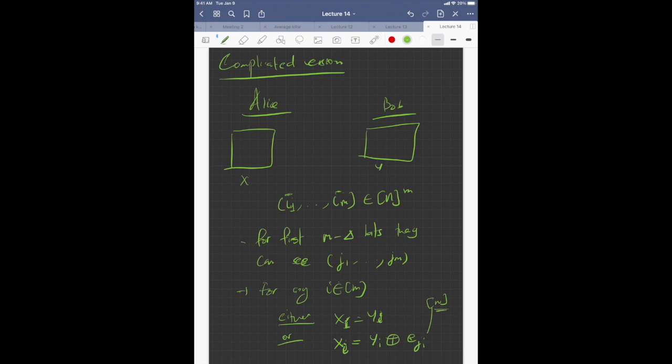Okay, so now we need to define the first stage transcript. So what are we going to do? For the first stage inputs, we are going to give Alice and Bob the same matrix X, because we don't want them to figure out any differences in their matrices.